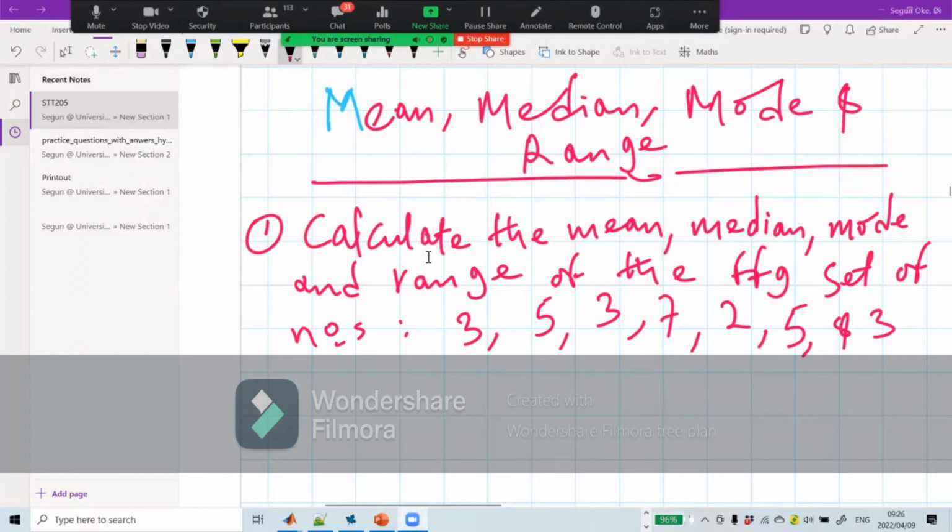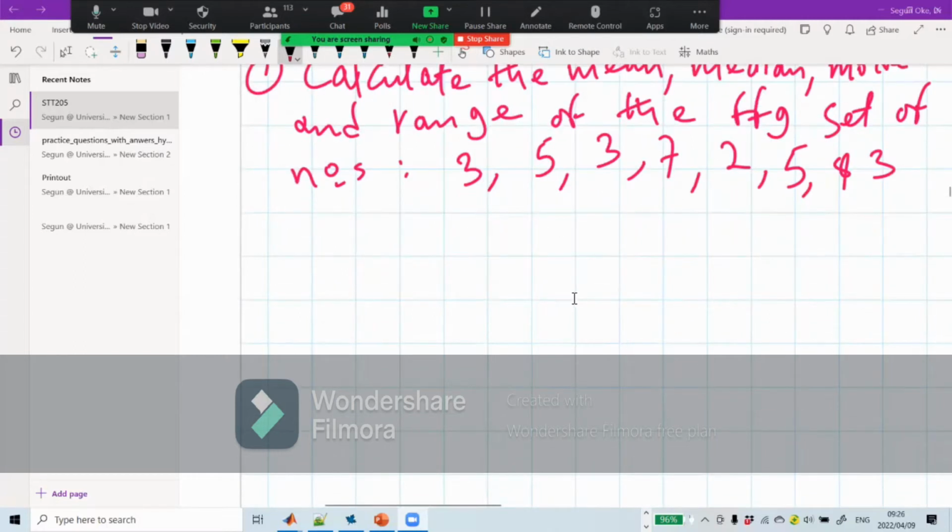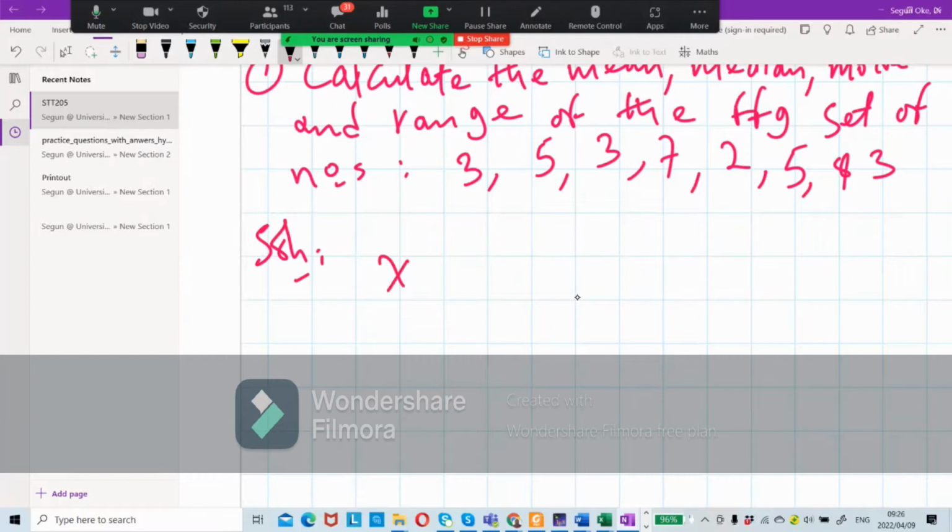So for us to solve this problem, what is the formula for mean? Solution, we need the formula. The formula for mean, which is x bar, is the same thing as summation of x sub i all over n.